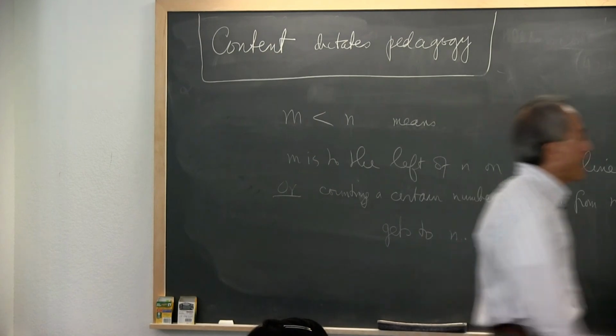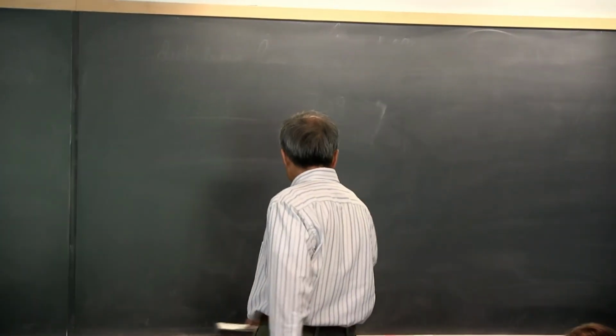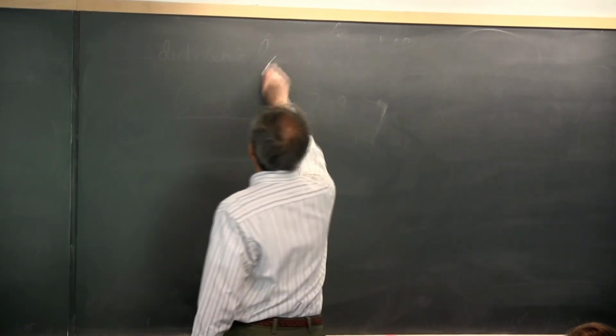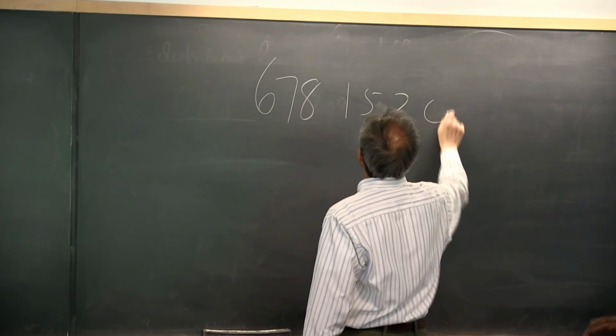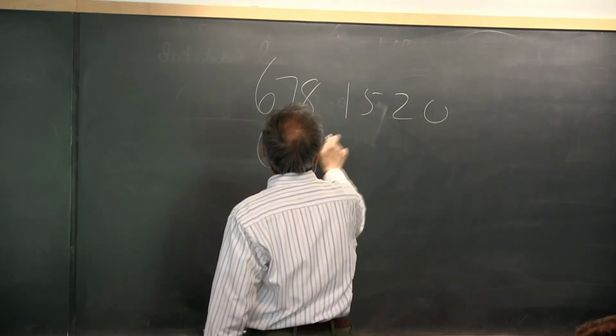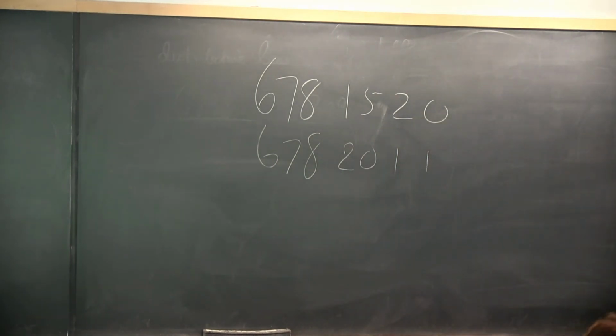So once you understand that, if I give you a number like this, 678152 and 678201, which is bigger? The bottom, right?